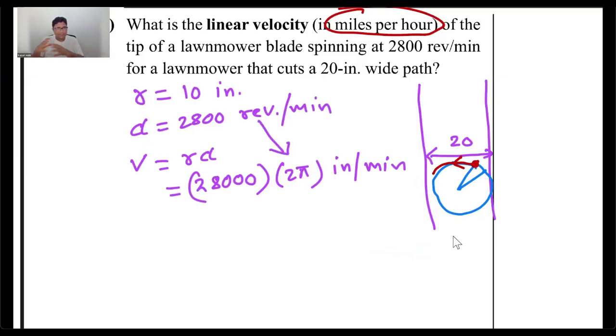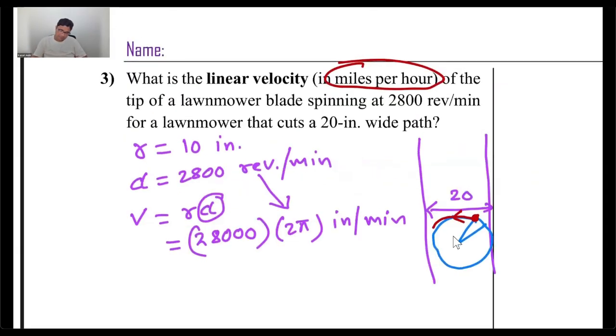When you convert to radians, then the formula V equals R alpha works only if it is in radians. That is very important. And the unit of length here is inches. So alpha R, 2800 times 10, 28,000 times 2 pi to convert from revolutions to radians, inches per minute. That is the velocity.